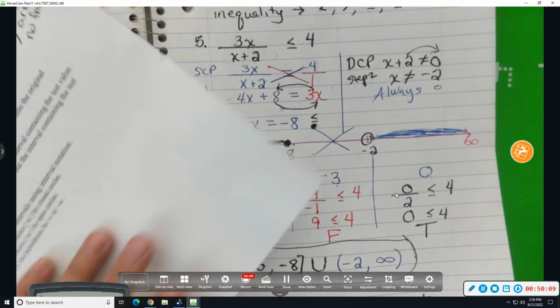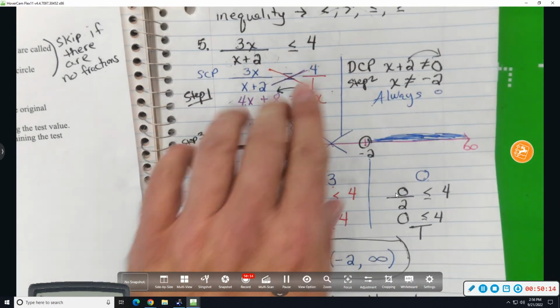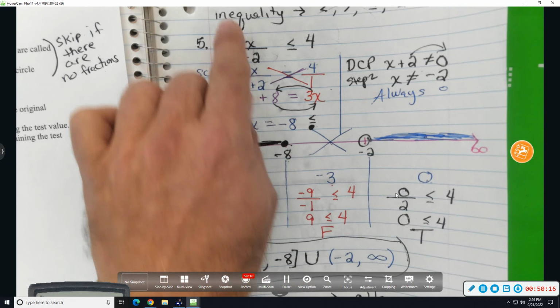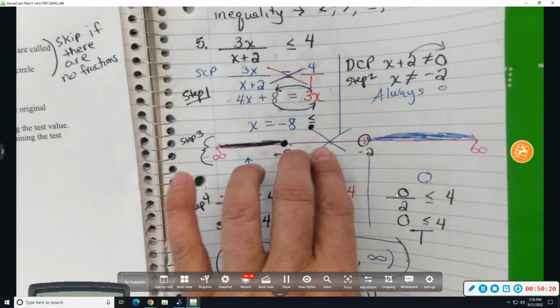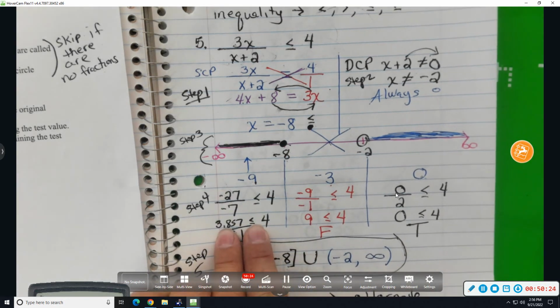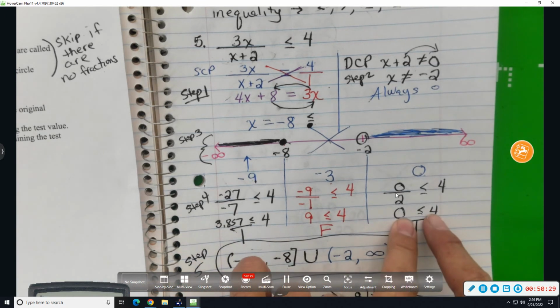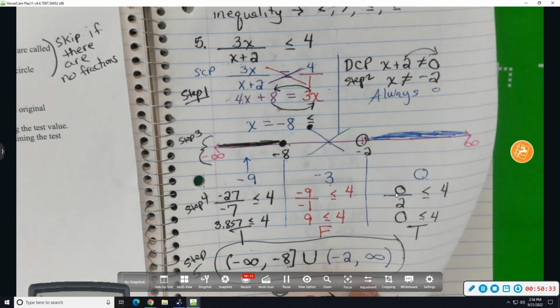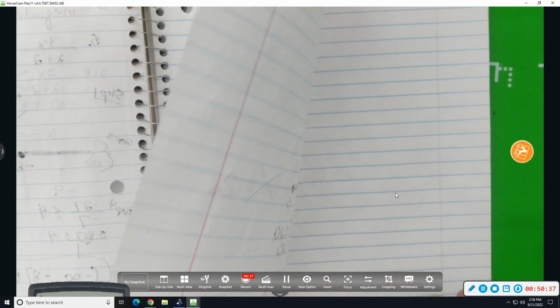On a fraction, find where it equals 4, but you also have to take into consideration that the fraction could be undefined. But everywhere else it's either bigger than 4 or less than 4. Like right here, it was less than 4. Here it was bigger than 4. Here it was less than 4. It's a very logical process. And this cut point method will solve anything that has a less than or greater than.